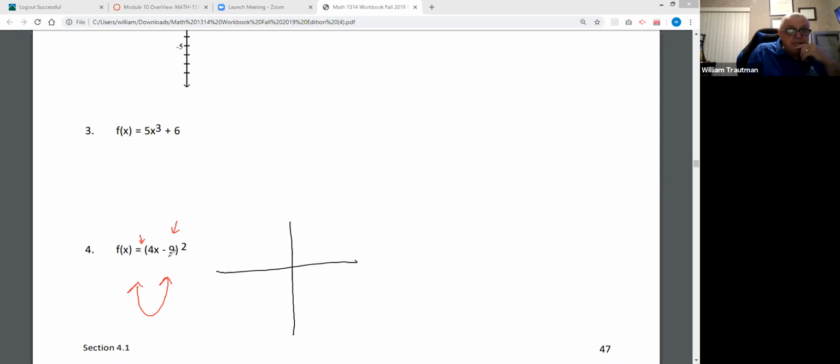A -9 on the inside moves the graph to the right. Normally the graph is right here, but we're going to move it to the right 9 spots. And our graph should look something like that.